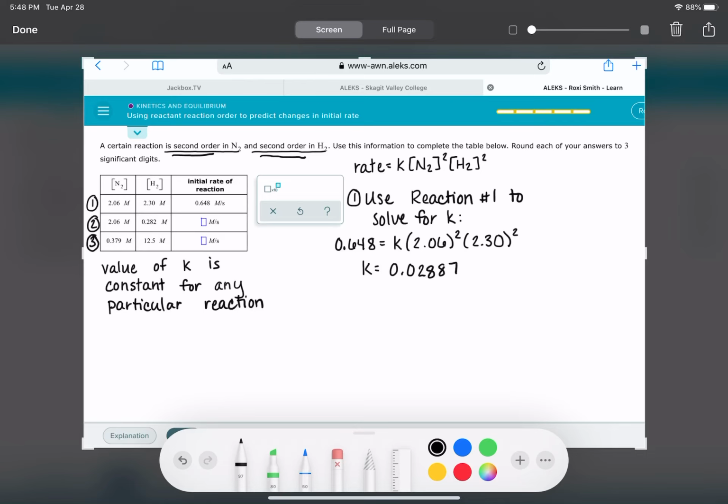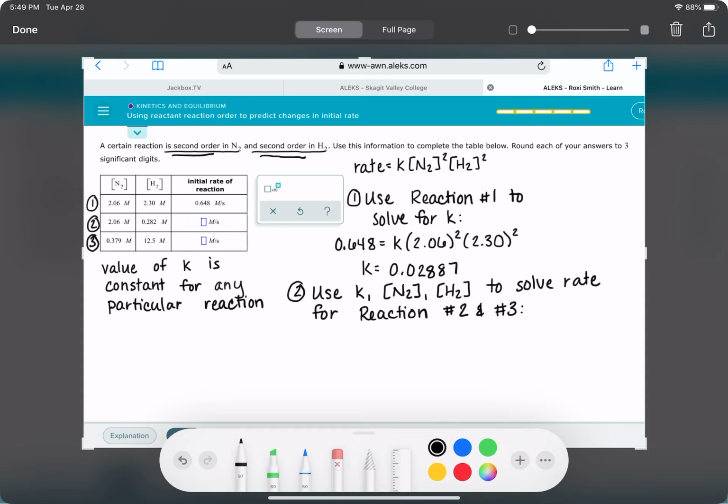So now that we know the value of the rate constant, we will use K and the concentration of N2 and the concentration of H2 to solve for the rate for reactions 2 and 3. We won't have to do quite as much algebra with that.